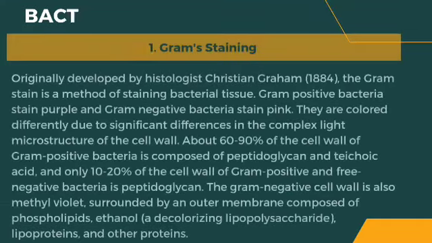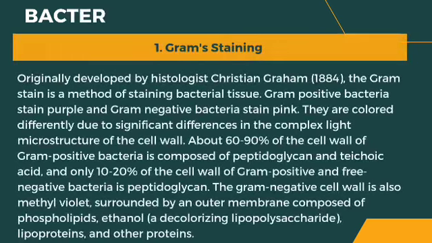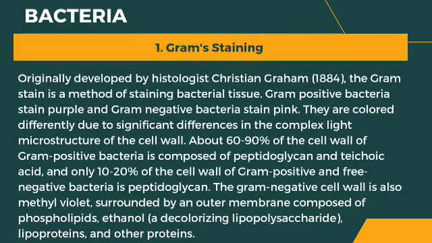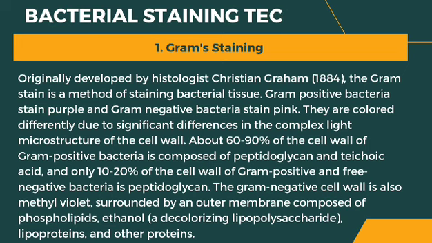Now let's talk about bacterial staining techniques. First one is gram staining. It was originally developed by the histologist Christian Gram in 1884. The gram stain is a method of staining bacteria. Gram positive bacteria stain purple and gram negative bacteria stain pink. They are colored differently due to a significant difference in the complex macrostructure of the cell wall.